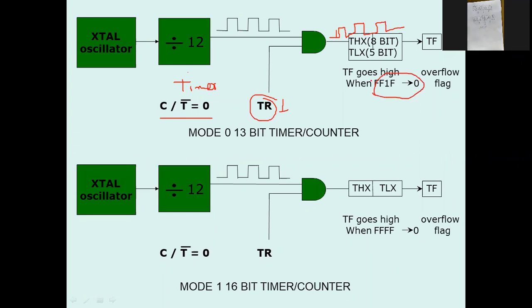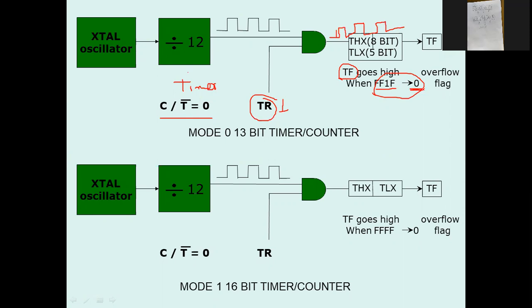So when this FF1F is completed, when the timer operation is done, then the timer overflow control bit of that particular timer, whether it is timer 0 or timer 1, will go high. Clear? Because after FF1F, this timer will go back to 0.